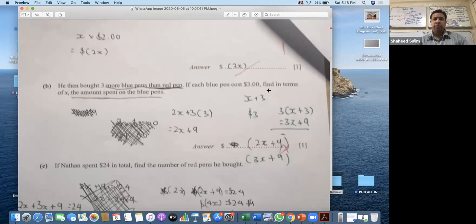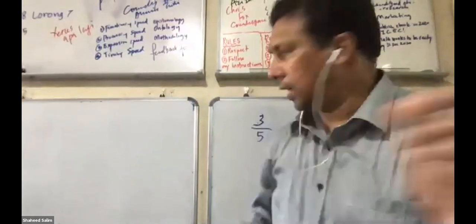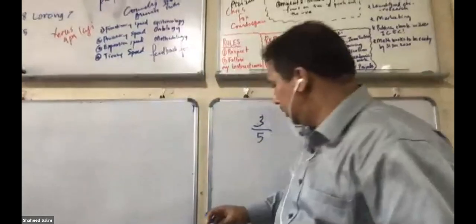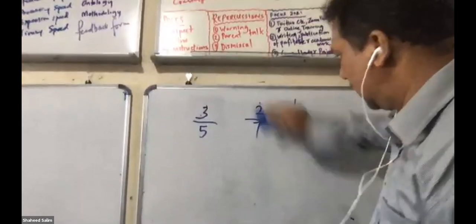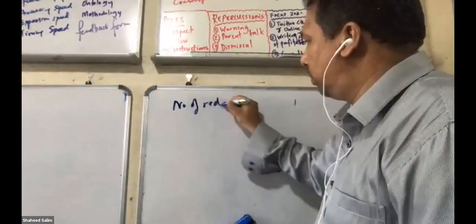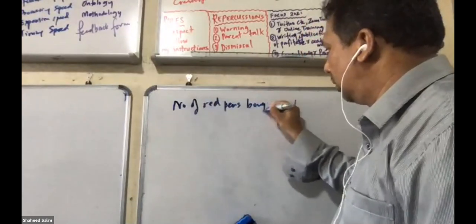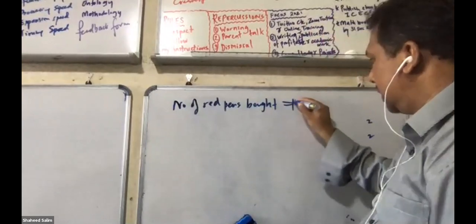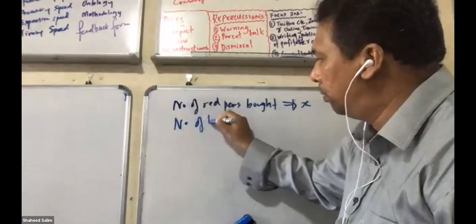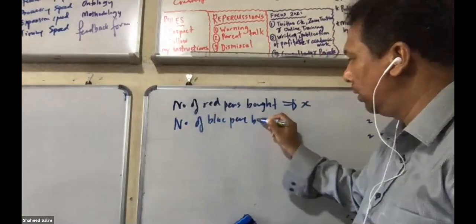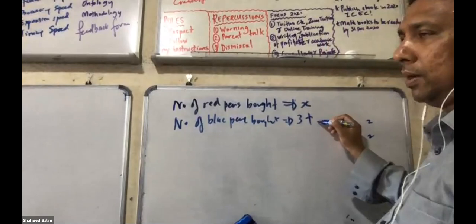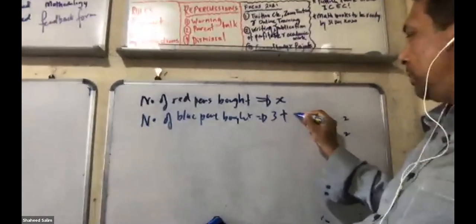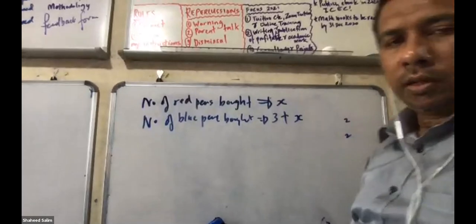So now, they say that the number of red pens bought is X. And then the number of blue pens bought is 3 more, 3 plus the red pens number. Red pens number is X. So must be 3 plus X.